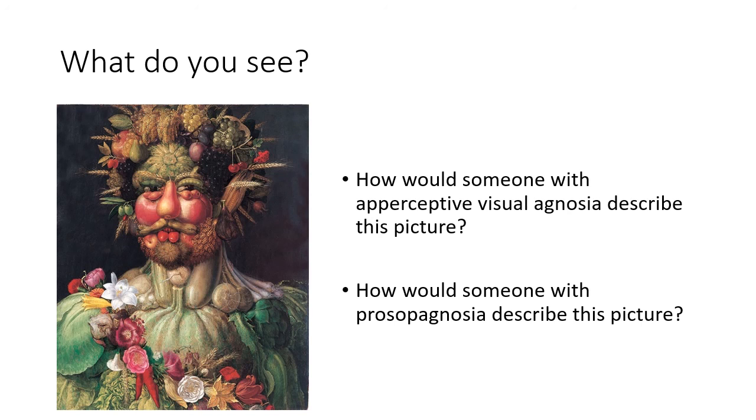They will see a face looking at this, but they won't be able to identify the fruit or the pieces that make it up. Someone with prosopagnosia is going to be the opposite. They'll see the fruit, but they won't see the face. So it's really interesting how different damage to different parts of the brain can result in different processing.